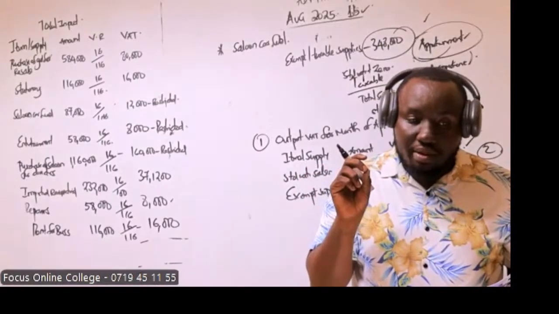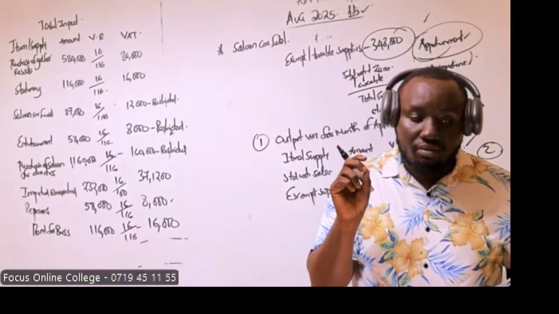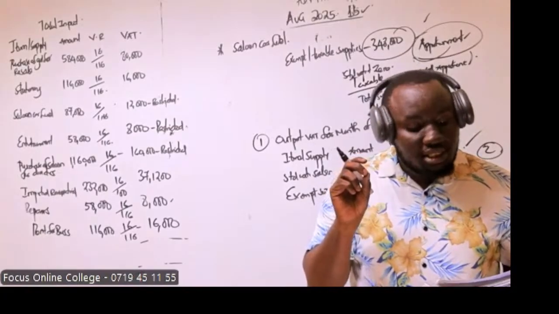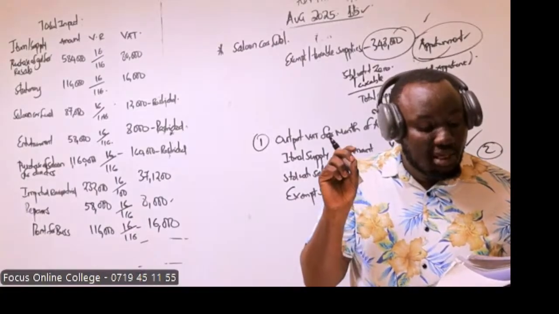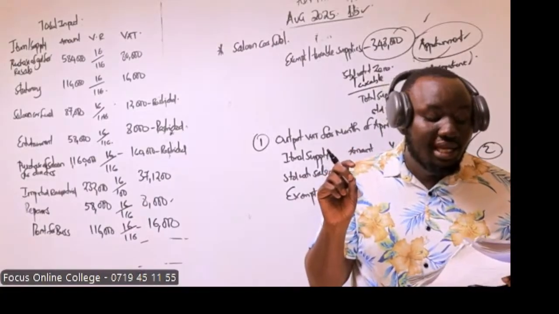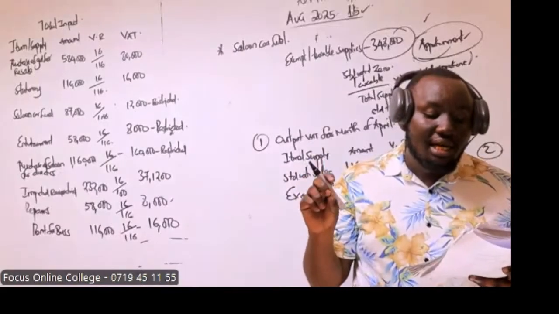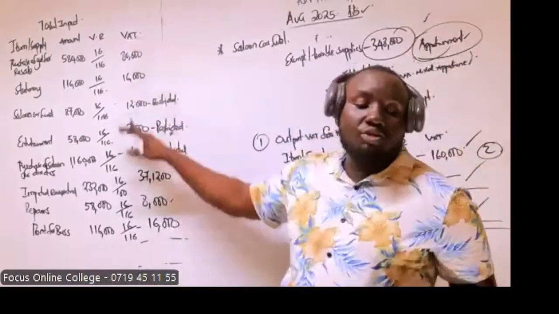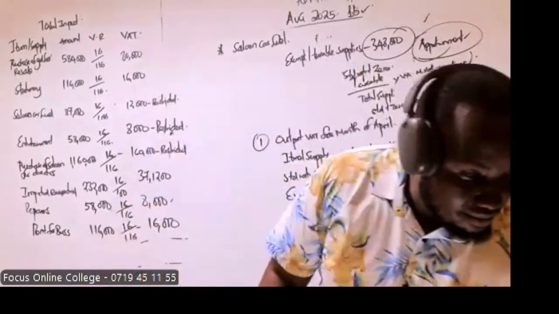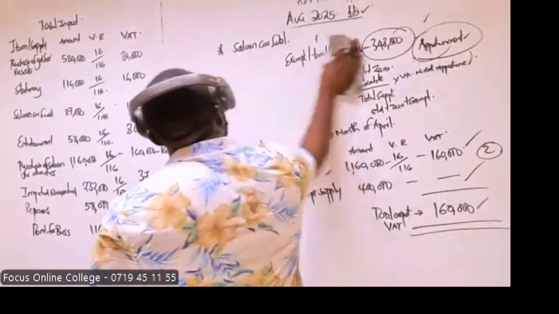The question: determine the total input incurred and identify which amounts are restricted under the VAT Act. So the question is total input, that's why we did this. From that, we can now get the restricted.